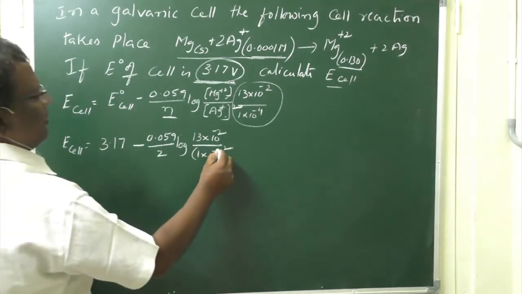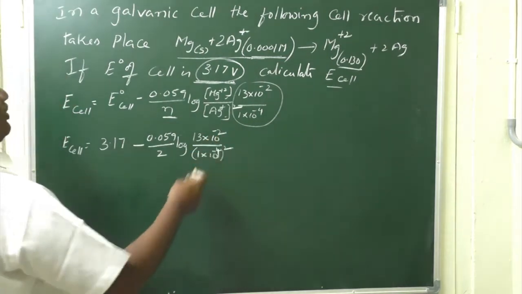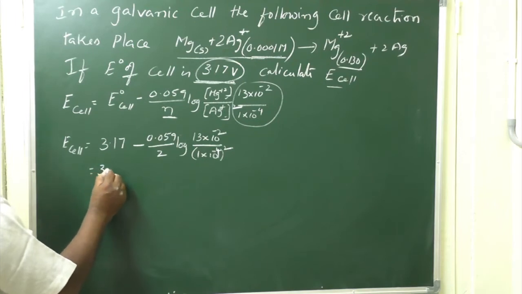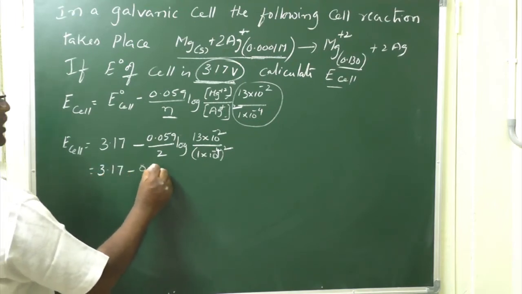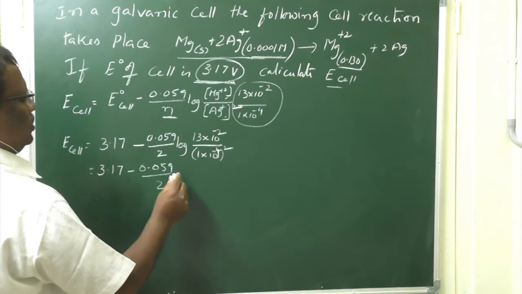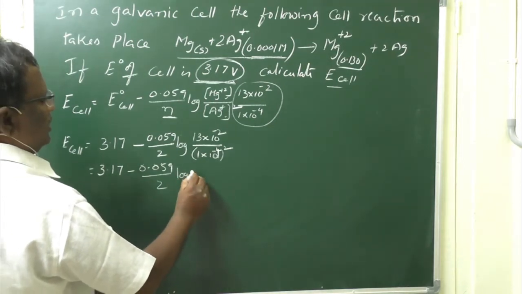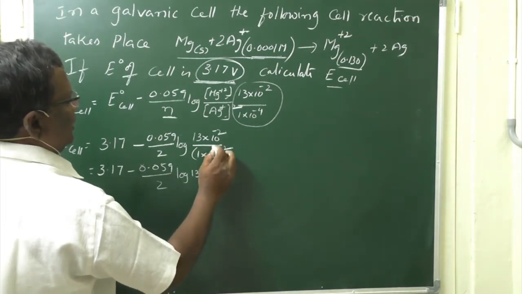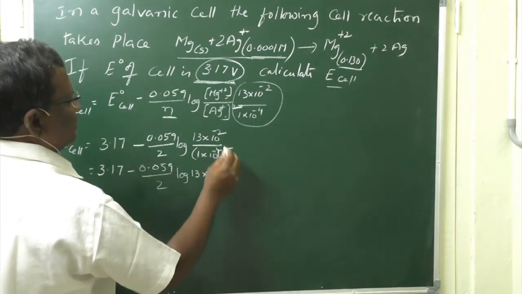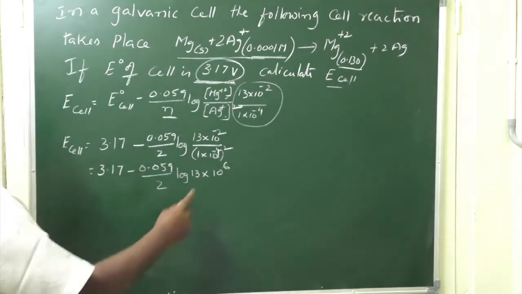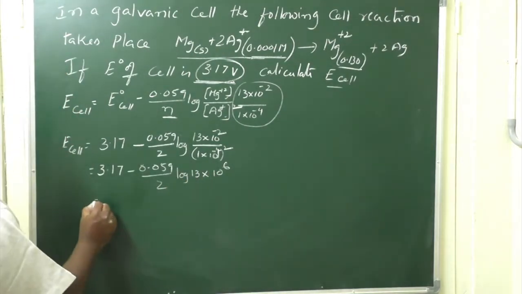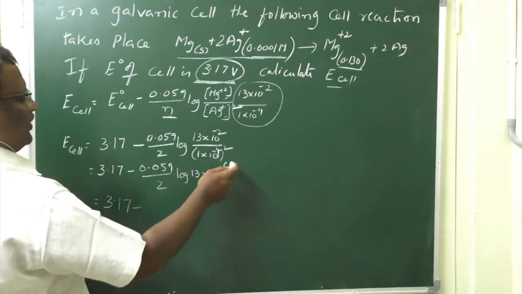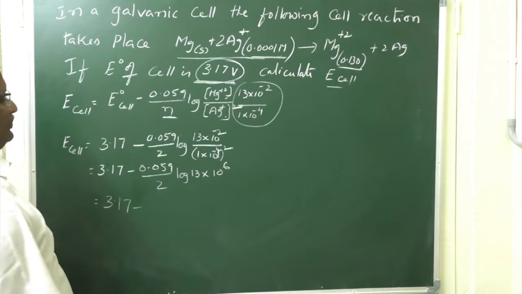So 10 to the power minus 4 whole square will become 10 to the power minus 8. Now this will become 3.17 minus 0.059 by 2 log 13 into 10 to the power 8 minus 2, it will be 6. It means 10 to the power 6 log 13. Log of 10 to the power 6 is equal to 6.